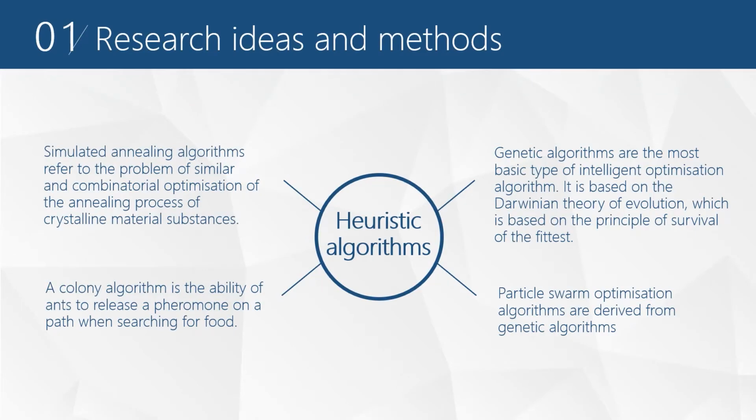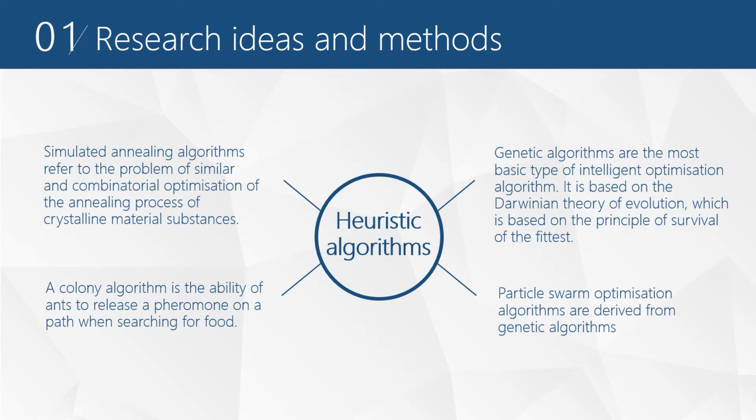Next, I will describe the research ideas and methods. For the Steiner tree problem, there are four classical algorithms in terms of hierarchies, which are briefly described here.